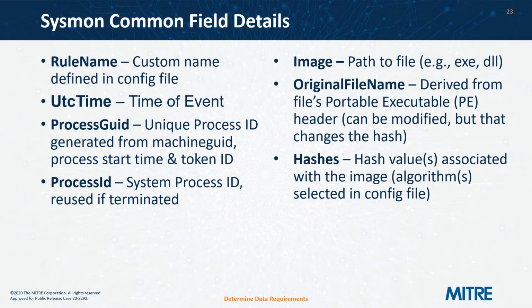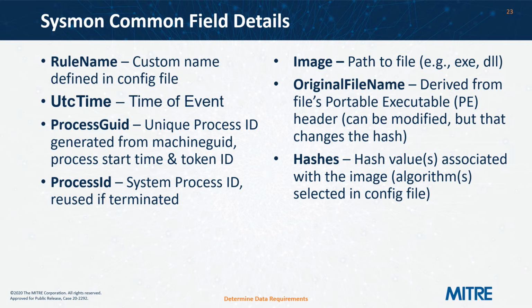Sysmon also provides information about the path to the file in question in the image field. And in the case of an executable, it also provides the original file name. The image field provides some additional context about where the file is stored on disk, but will change if the file or executable is moved.